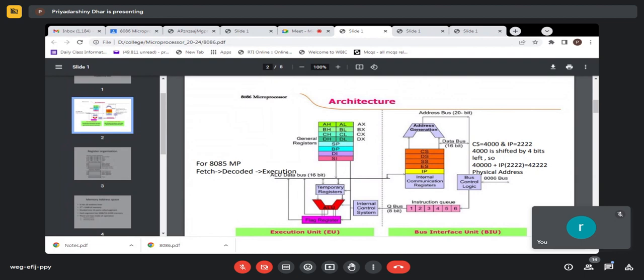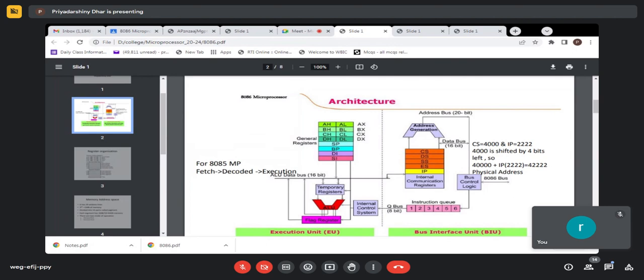So 16 address lines means A0 to A15. 2 to the power 16 means how much? This is 64 kilobyte. So the 8085 microprocessor can access a maximum of 64 kilobyte of memory.